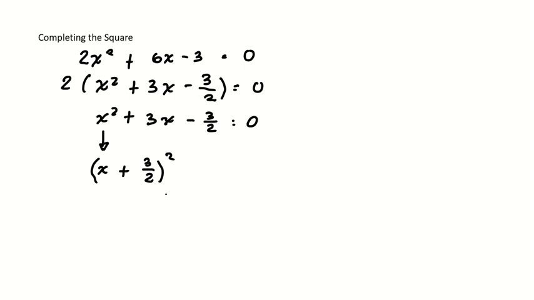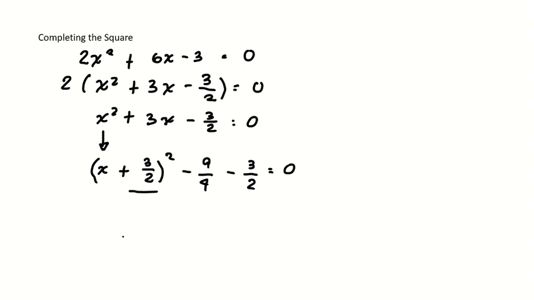Square it. Take a look at this. Square that. So that's 9 over 4. We subtract 9 over 4 from this. So minus 9 over 4. And finally, copy the last term. Minus 3 over 2. Simplify.